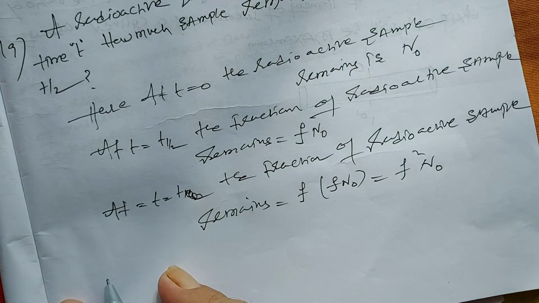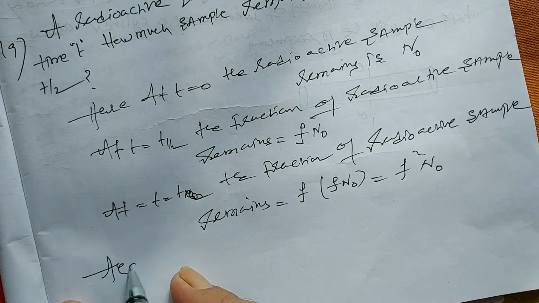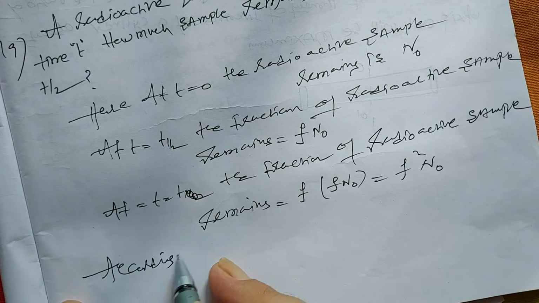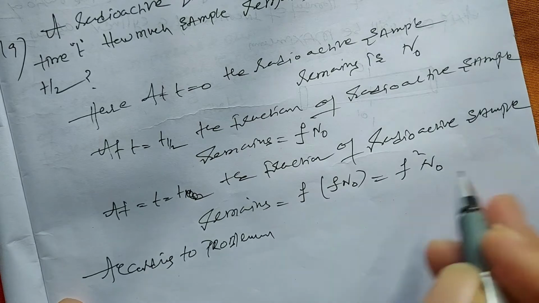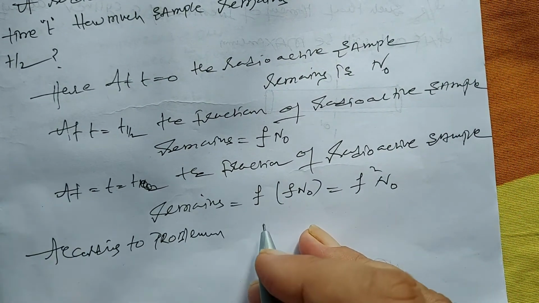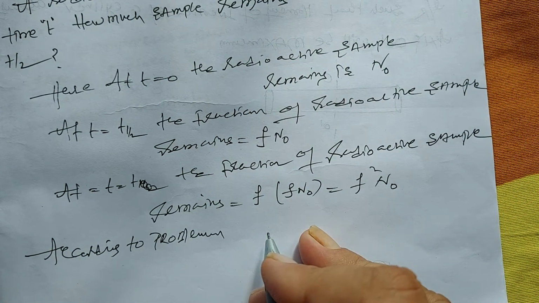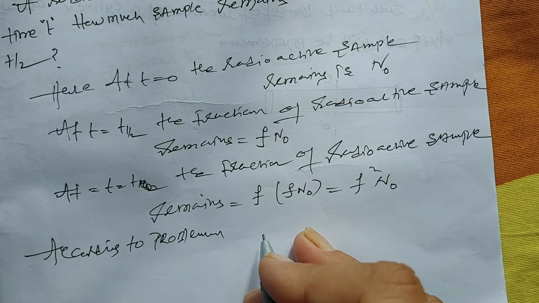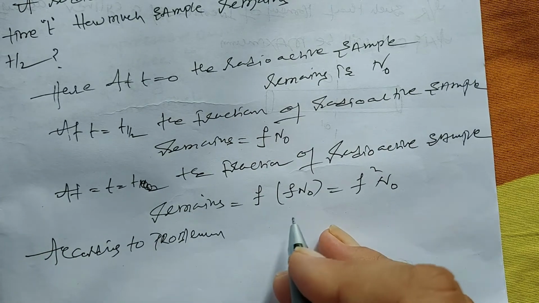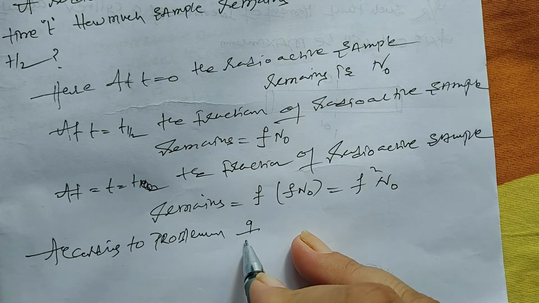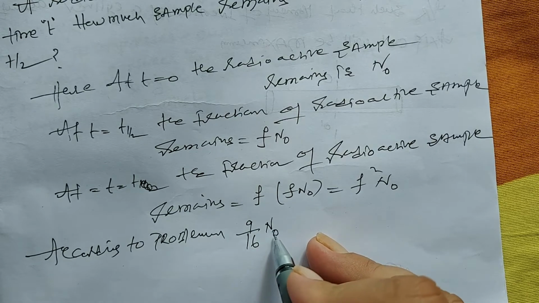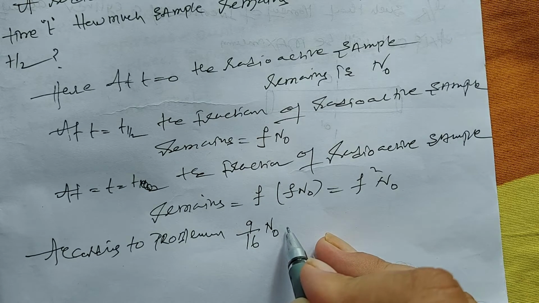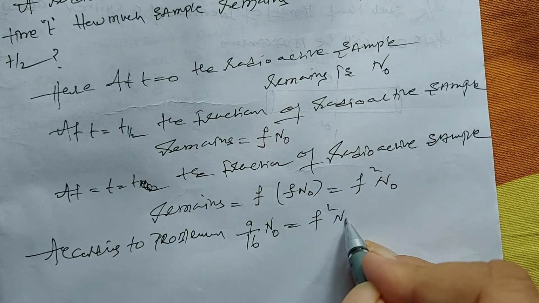But according to the problem, they have given 9 by 16 fraction of the initial radioactive substance remains, f square into N naught.